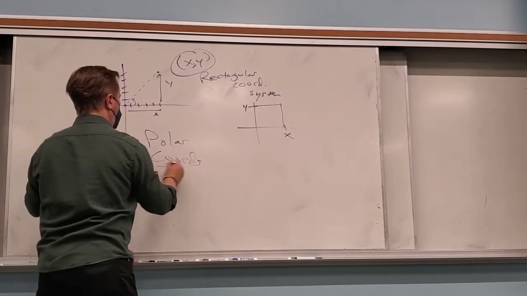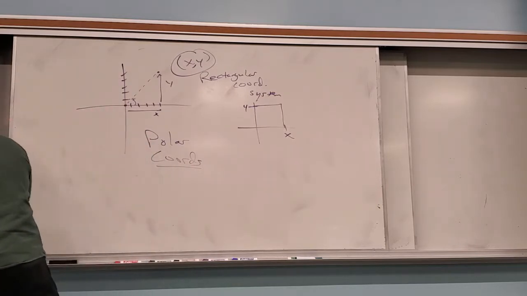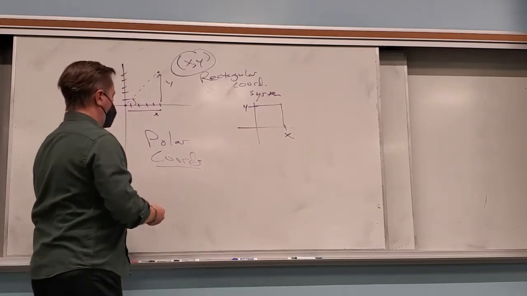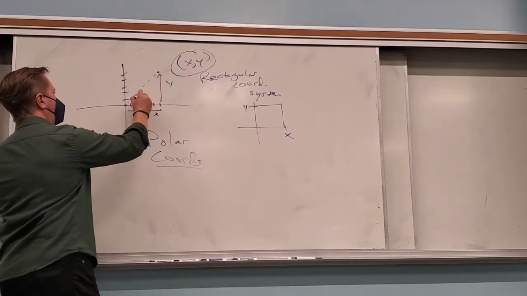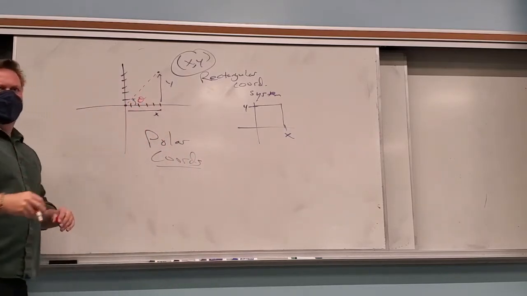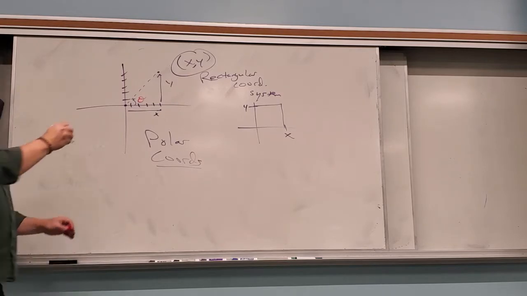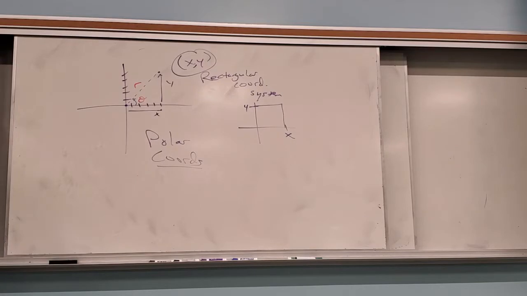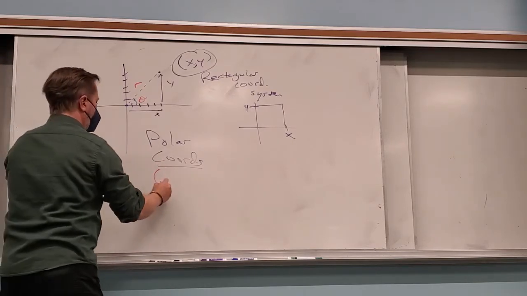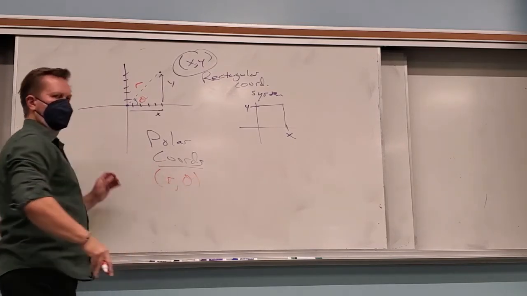Polar coordinates, not surprisingly, this is theta. And also not surprisingly, the distance I go is r. So in polar coordinates, I would tell somebody r, theta.